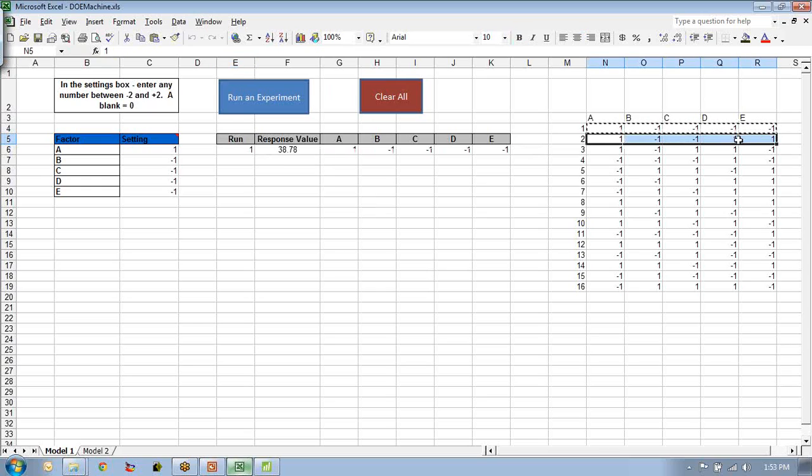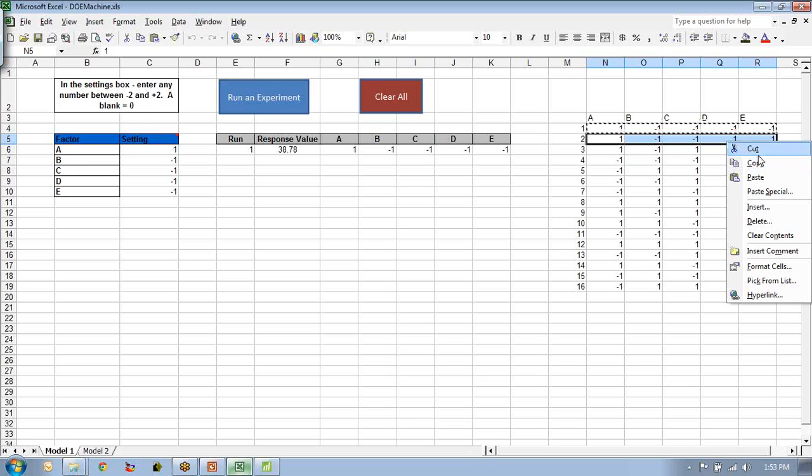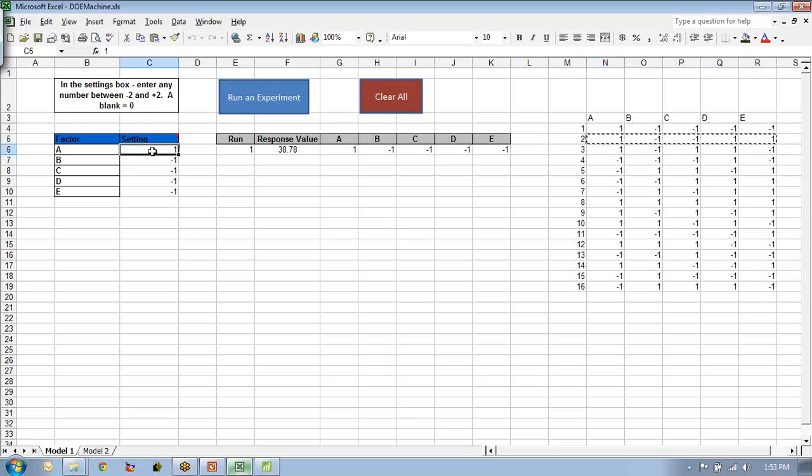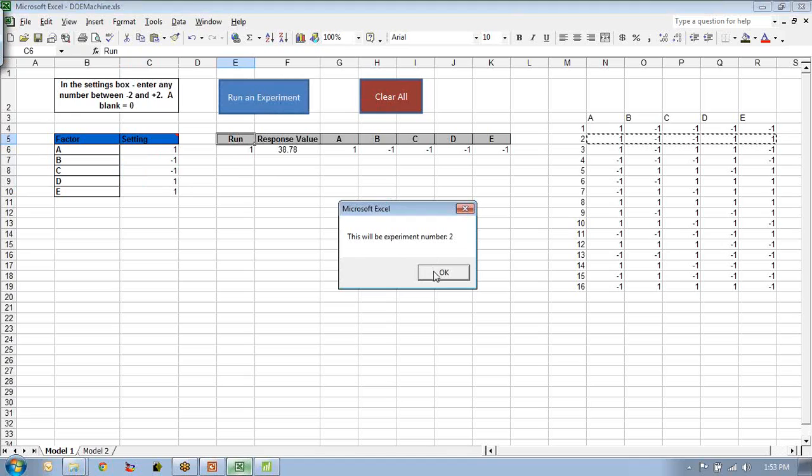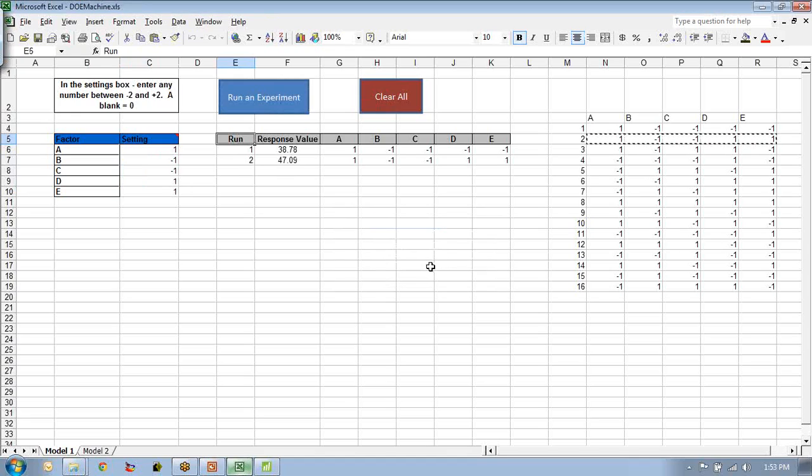Okay. Let me continue. I'll copy, paste the transpose. Okay. Double check. 1, minus 1, minus 1, plus 1, plus 1. Run experiment. This will be experiment number 2. Okay? See what's going on here?